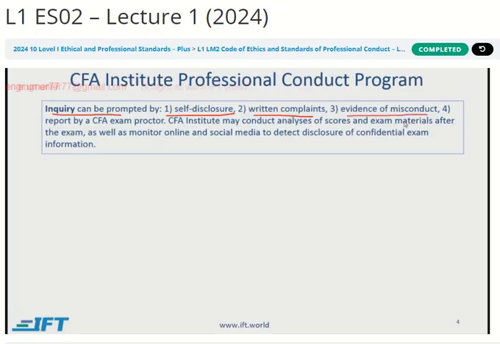Evidence of misconduct. This means that the CFA Institute staff may become aware of questionable conduct through the media or through regulatory notices or some other public source. And the fourth one is perhaps the most common: report by a CFA exam proctor. When you are taking the exam, you will be given some very specific instructions.